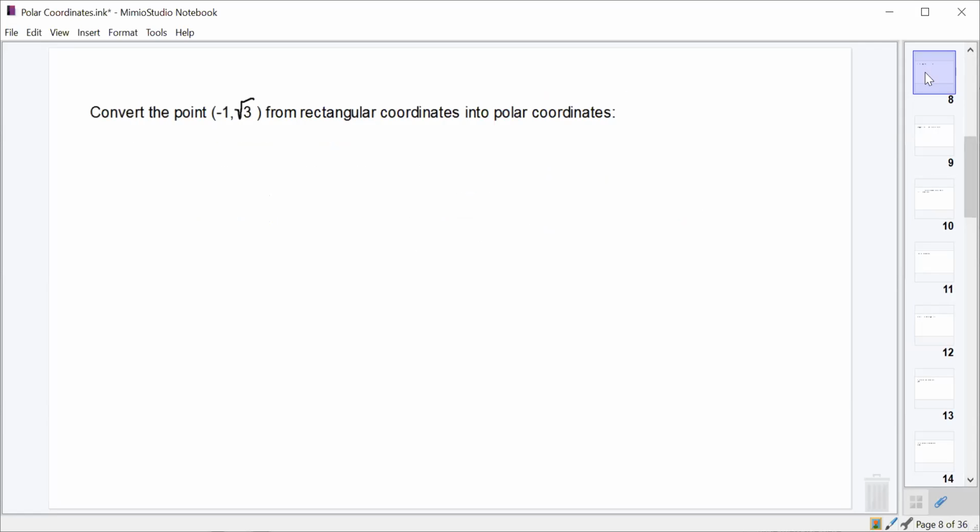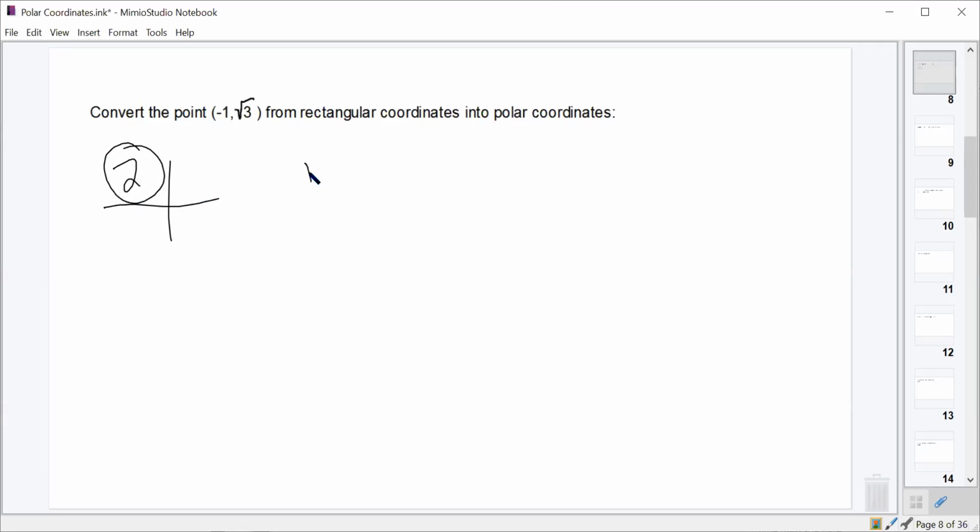So we want to convert the point -1, √3 from rectangular into polar. First thing we want to do is figure out which quadrant the point -1, √3 is in. Well, what quadrant is -1, √3 in? Second. Second quadrant, right? Okay.